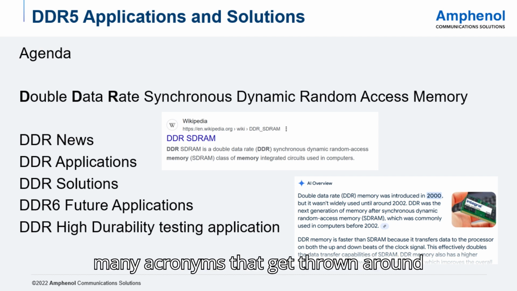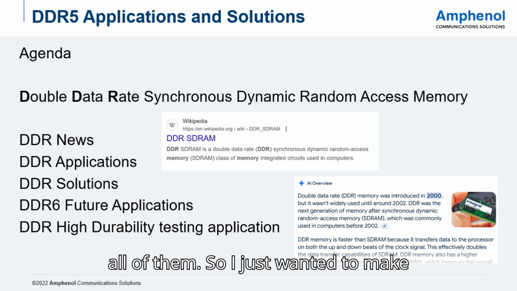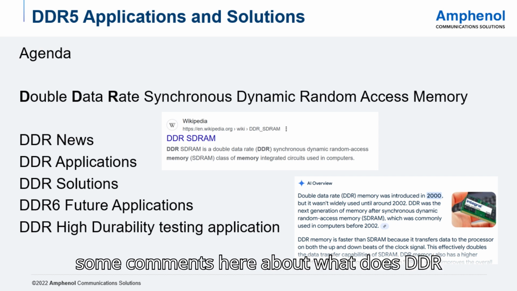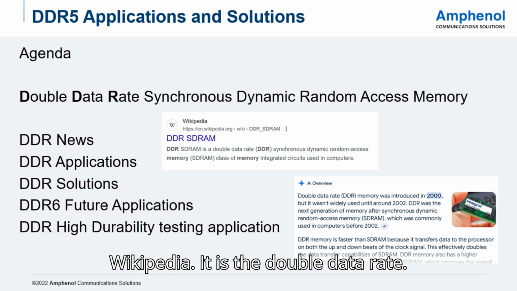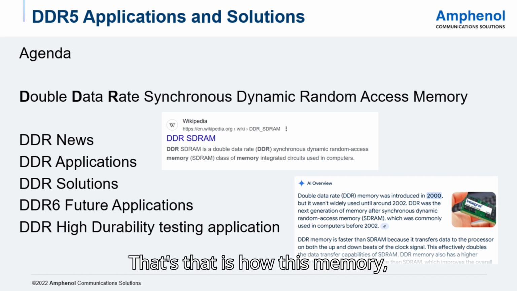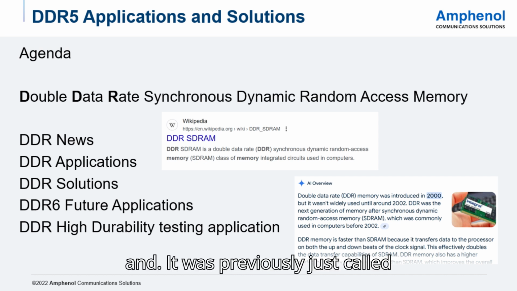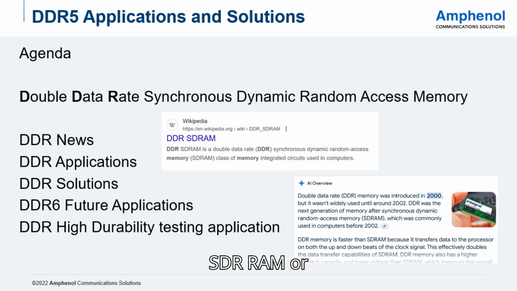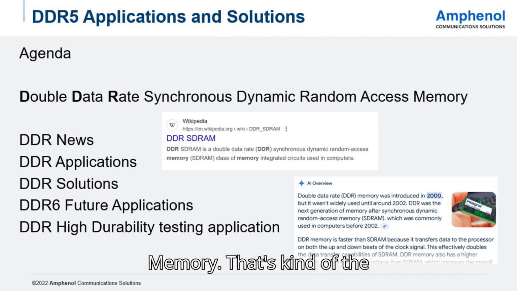There are so many acronyms that get thrown around here. It's even hard for me to remember all of them. So I just wanted to make some comments about what DDR stands for. I put that on the screen here, just pulled out of Wikipedia. It is double data rate. That is how this memory design got started, and it was previously just called SDR RAM, or synchronous dynamic random access memory.